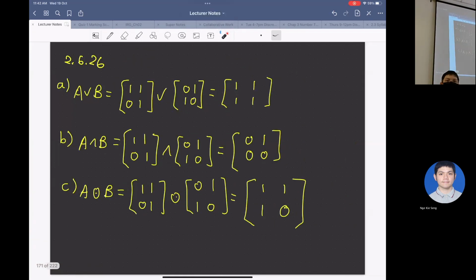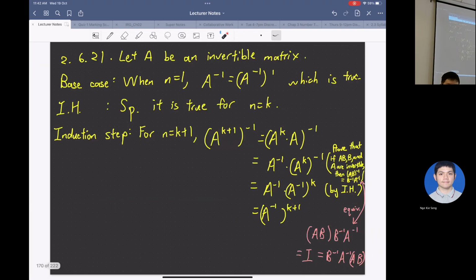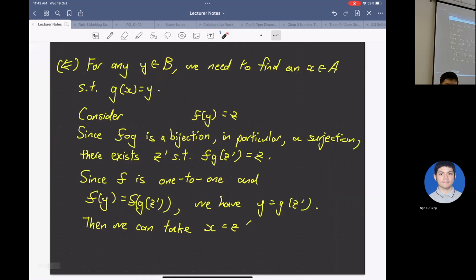Any question you want me to go through in detail? Anyone, any one that you want me to go into detail? Any question that you see blank in the first three?